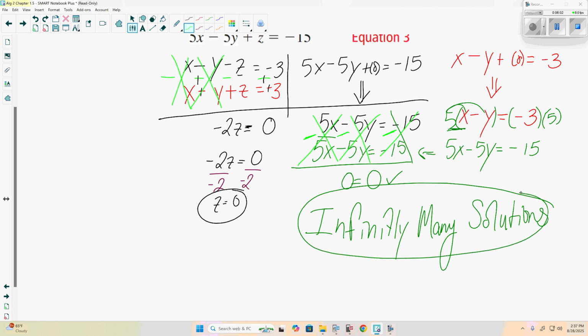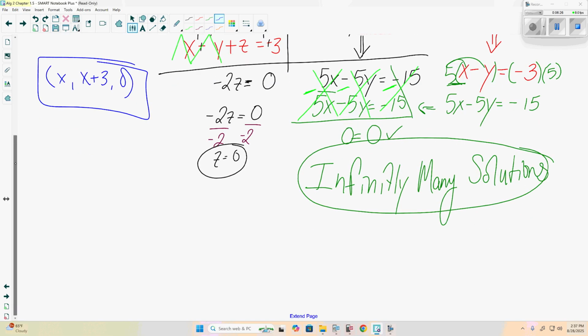And that's as far as I will have you all take this. Now there is a set equation that we have that will define the solution set. It actually works out to be x plus 3, and 0. So for any given value of x, we would have a solution. And there's infinitely many of those solutions. Once we get this here, we have a true statement, 0 equals 0.